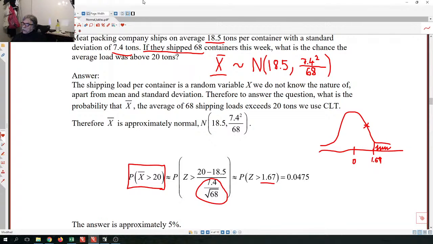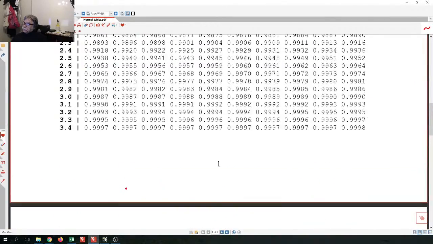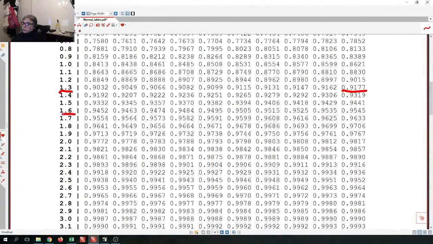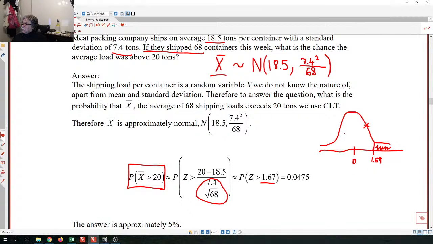So I am going to look at the tables again, up to 1.67 positive. 1.67 is this number, 0.9525. But I'm looking for the other side.